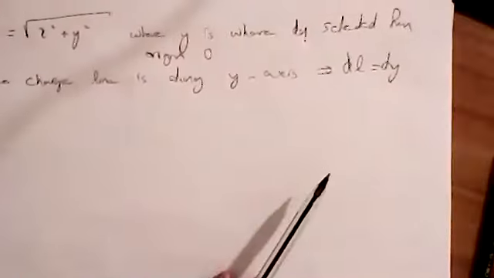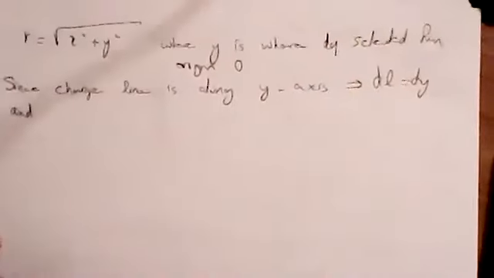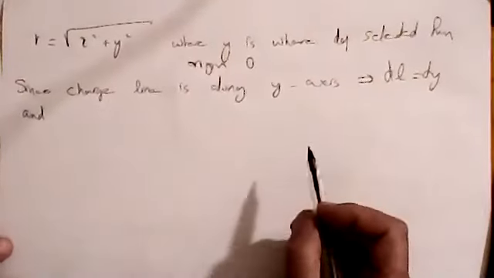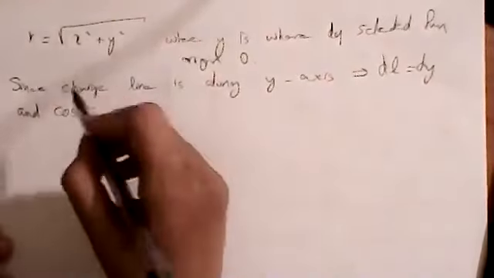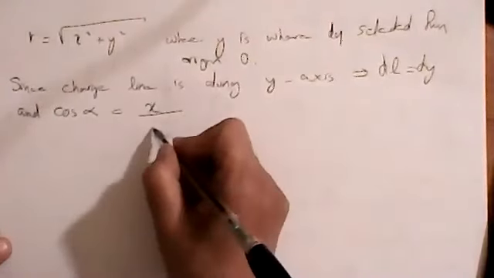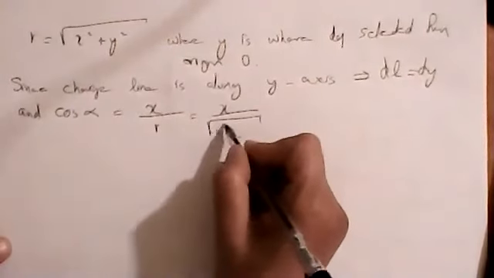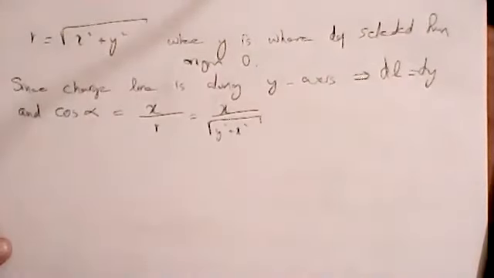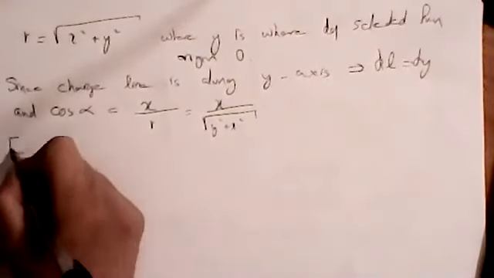So therefore, cosine alpha is adjacent over hypotenuse, meaning x over radical y square plus x square. Fine. I'm going to substitute all this in Ex.